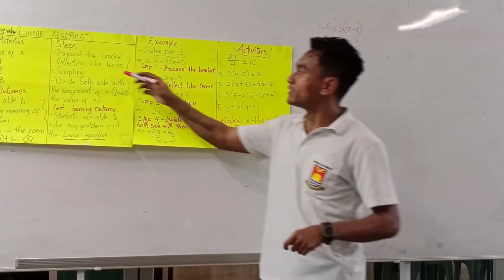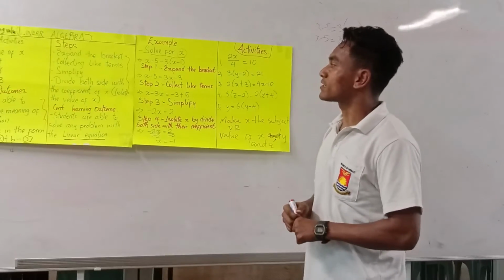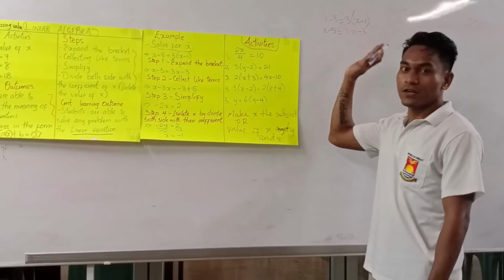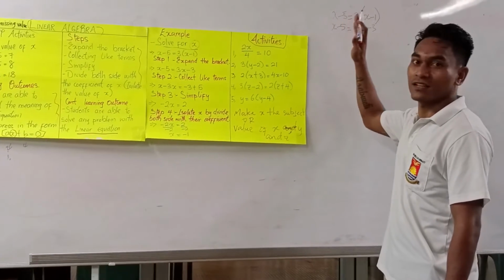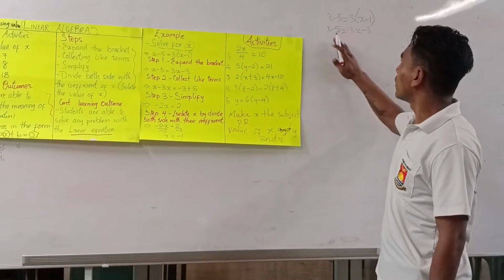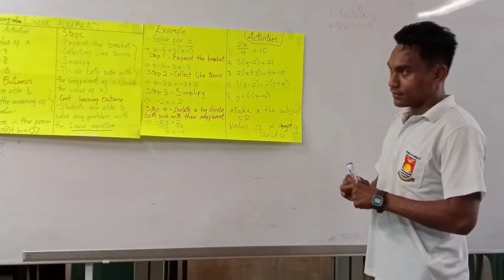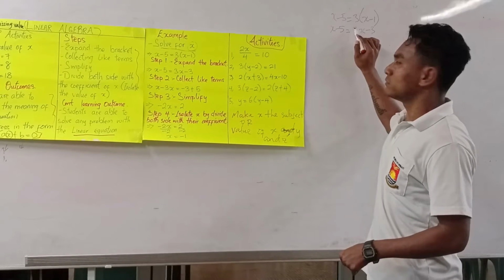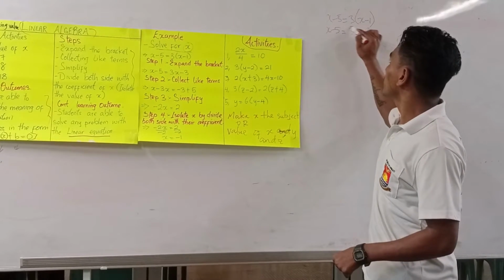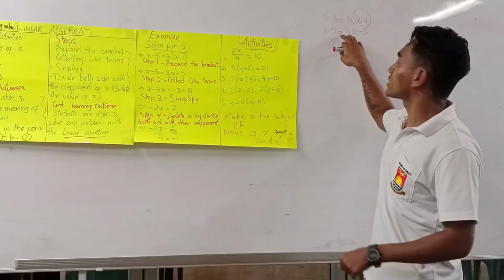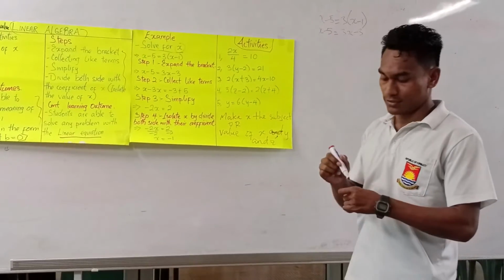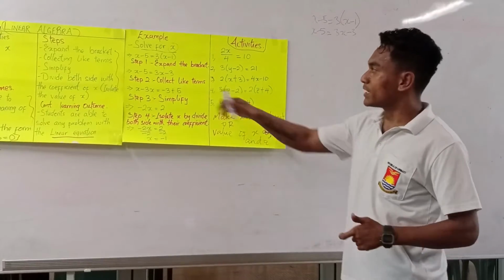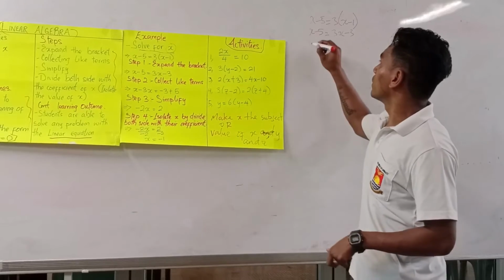The second step here is collecting like terms. Collecting like terms means all the x values on one side and the numbers on the other side. But the rule is that when you take a number to the other side, over the equal sign, the sign must be changed.